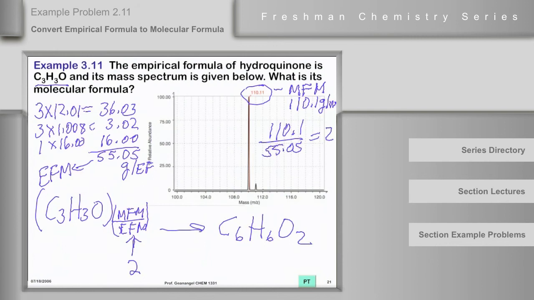Yes? 55.05, the empirical. Oh, what's this one up here? Oh, all right. I'm glad you asked that question. You remember we said carbon had more than one isotope?